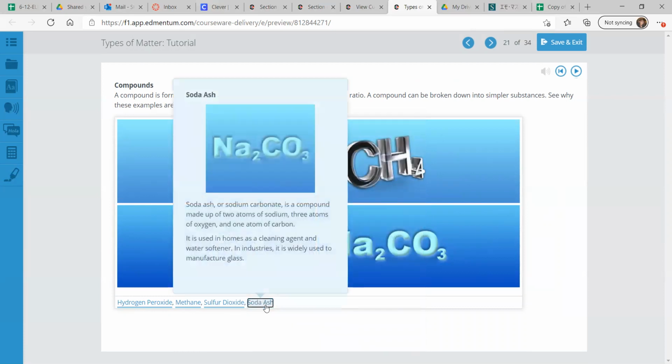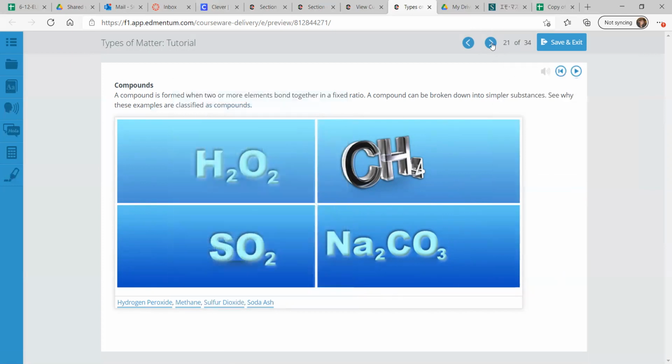And then we have soda ash or sodium carbonate. You may have it as a cleaning agent in your house. You can also use it to make glass.